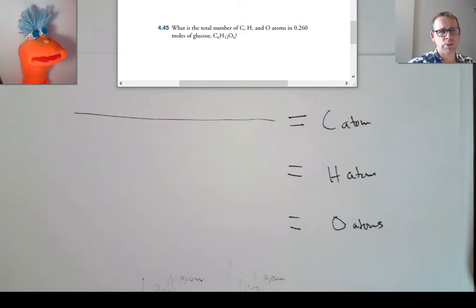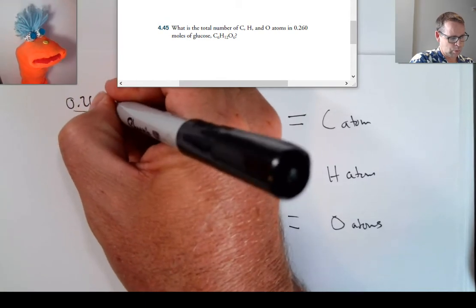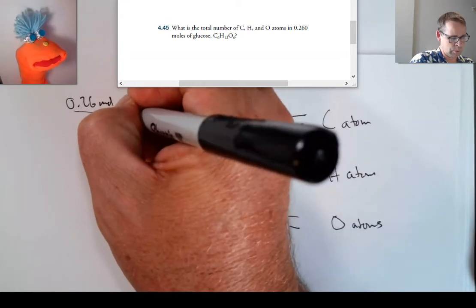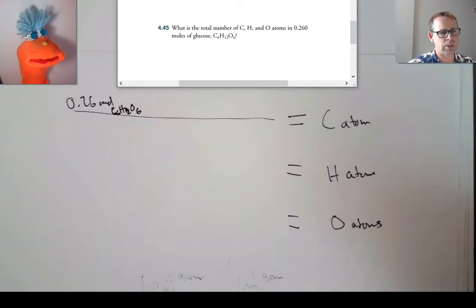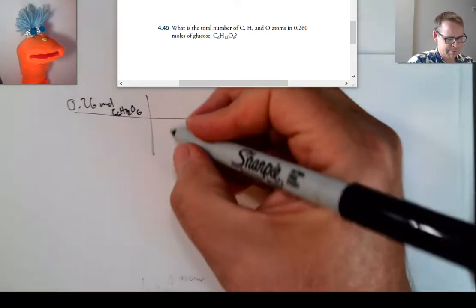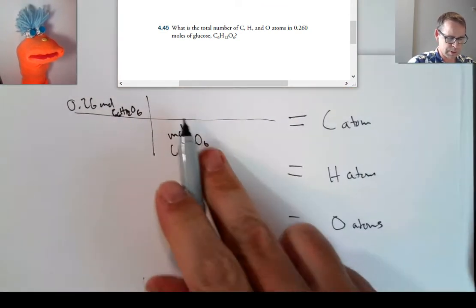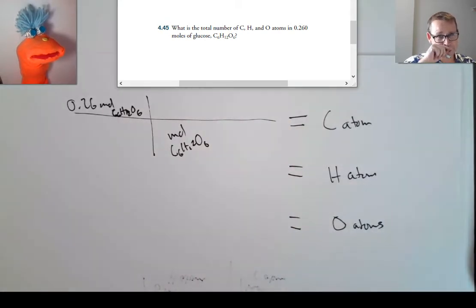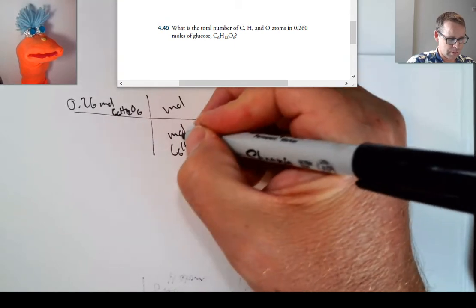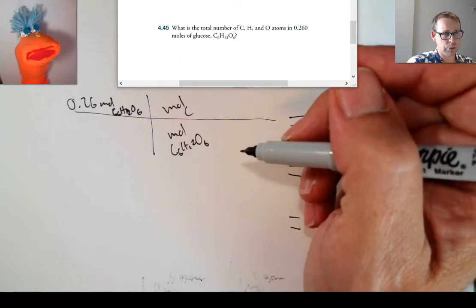But if we start with 0.260 moles of glucose, is that right? Yeah, 0.26 moles of glucose, C6H12O6. Very good. So, moles of glucose, I want to relate that to not atoms of carbon directly, but moles of carbon first. Okay. So I go from that to moles of carbon. How many moles of carbon for every mole of that material? 6 to 1.